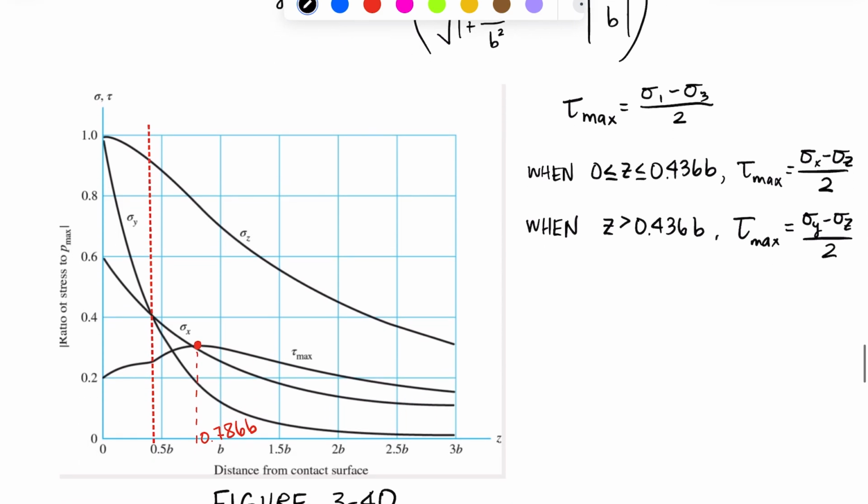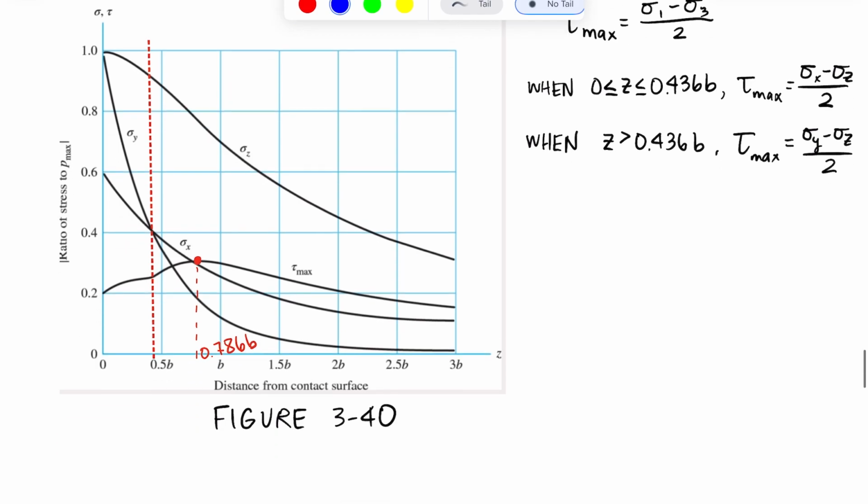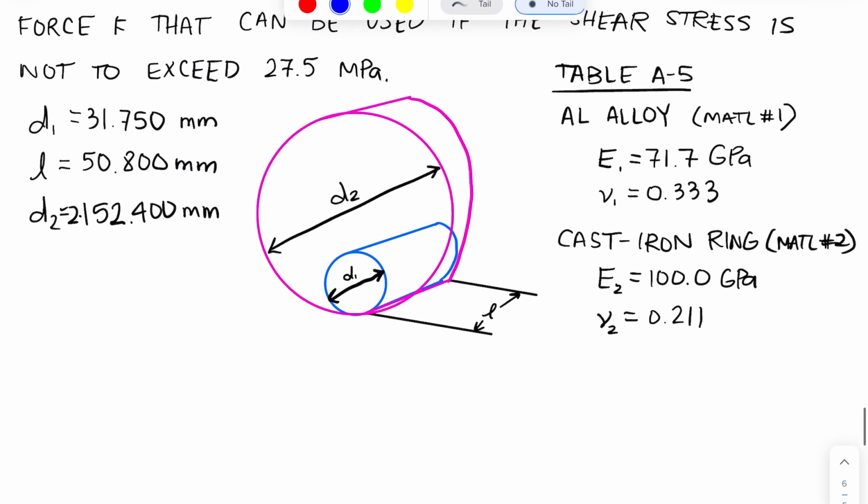Well, if we go back to the information we got last time about this cylinder-on-cylinder model, we know that we achieve this peak in the maximum shear stress at 0.786 times B for the contact, the distance from the contact surface.